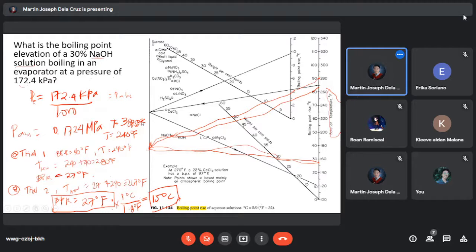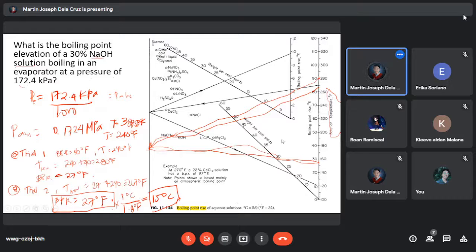Yung conversion natin dito, yung may 5/9. But in our boiling point rise, since rise yung kinukuha natin, parang difference, dapat 1.8 lang ilalagay natin. So, try it in your seats, class, kung tama ba yung na-assume natin at siya yung makukuha nating values.